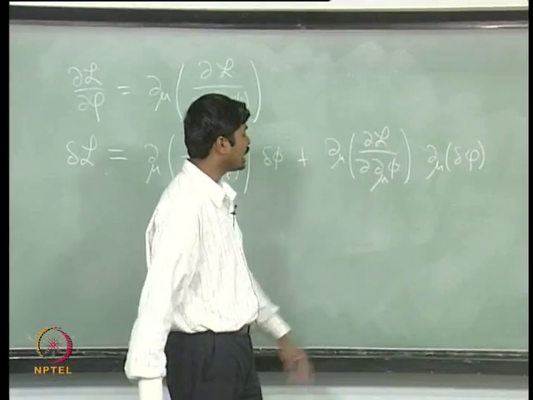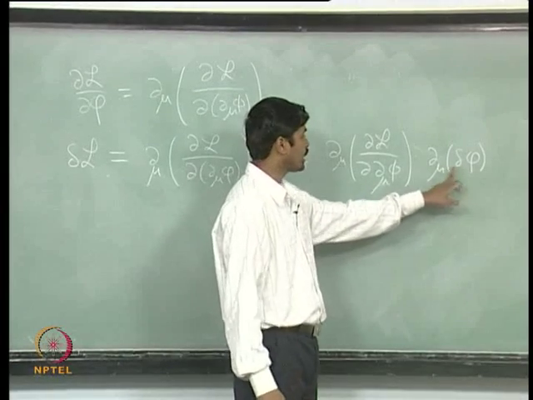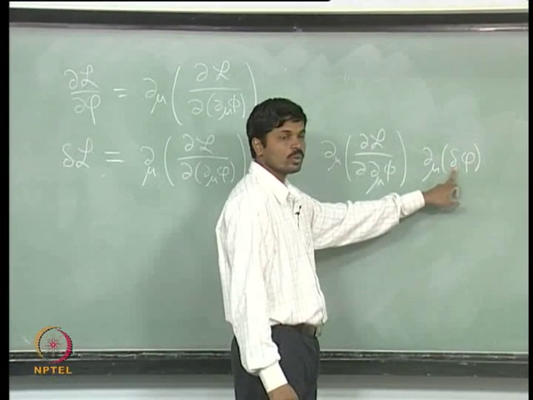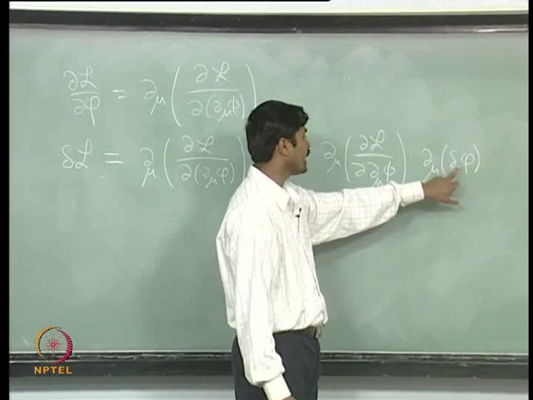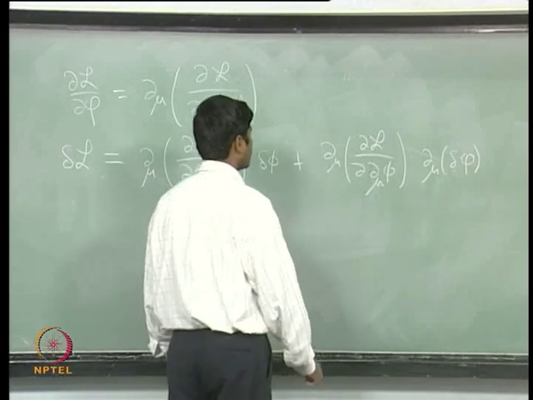As you can see, again I have exchanged delta and del mu because this delta transformation here does not depend on x, on the space time points x mu.